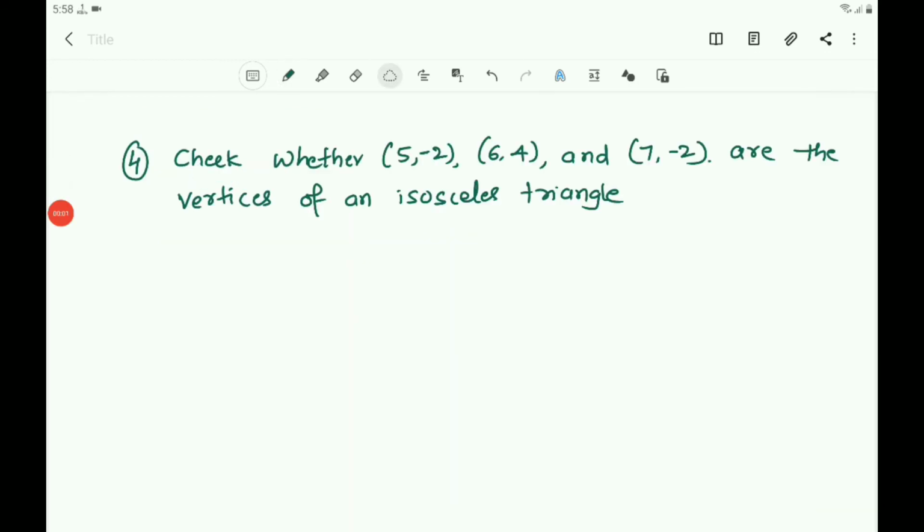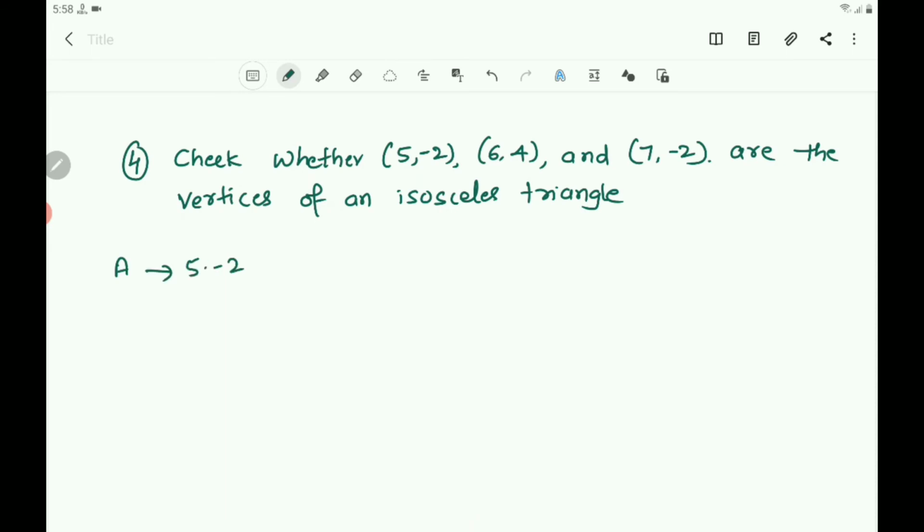The fourth question is, check whether 5 minus 2, 6, 4 and 7 minus 2 are the vertices of an isosceles triangle. Here 3 points are given. We have to check whether they are the vertices of an isosceles triangle or not. Now you take, let A is a point of vertices 5, minus 2.